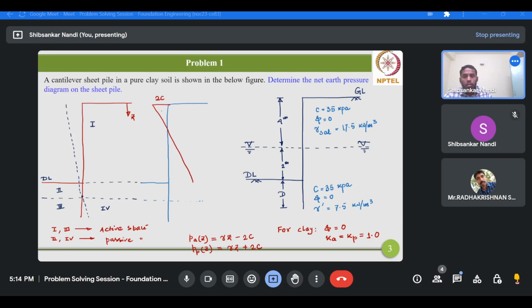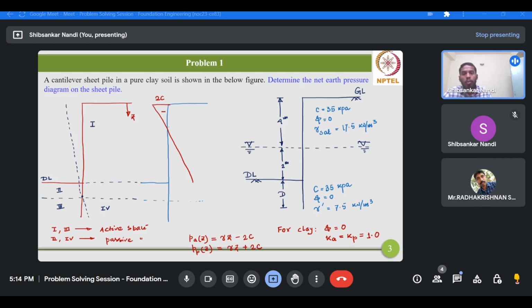at some depth, this earth pressure distribution will shift from left side to right side in terms of magnitude. So this active earth pressure value will be exactly equal to 0, and then it will possess some positive value.